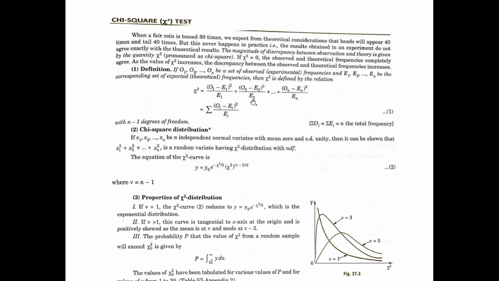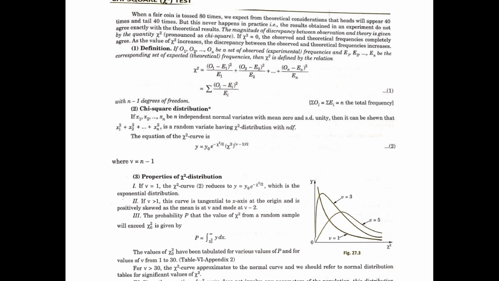In other words, you can write it as summation of (Oi minus Ei) whole square divided by Ei, with n minus 1 degrees of freedom. If there are n observations, n minus 1 is the degree of freedom. Summation Oi is the same as summation Ei, where n is the total frequency.